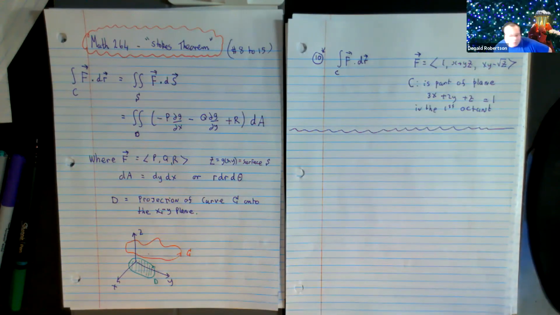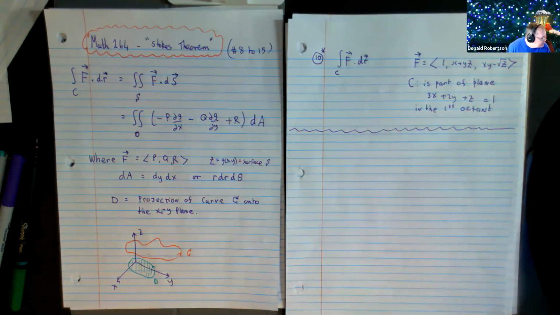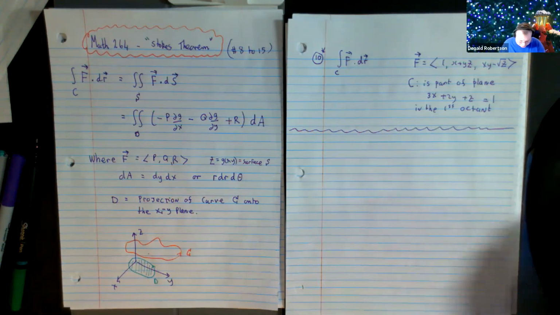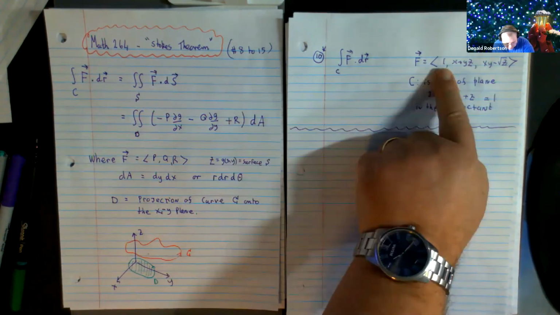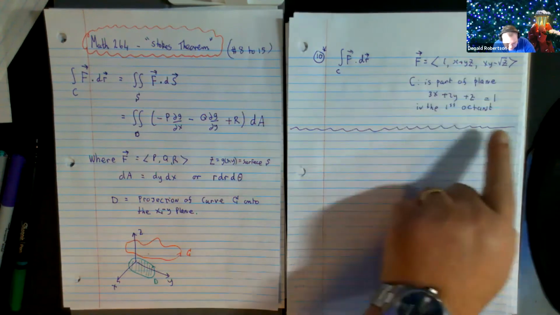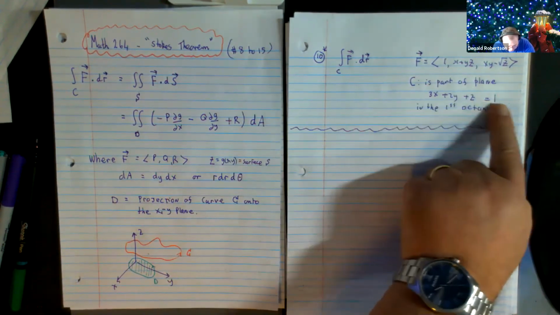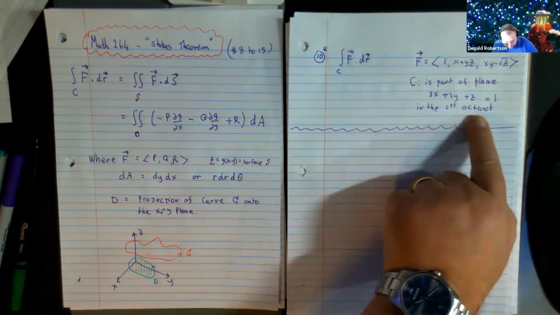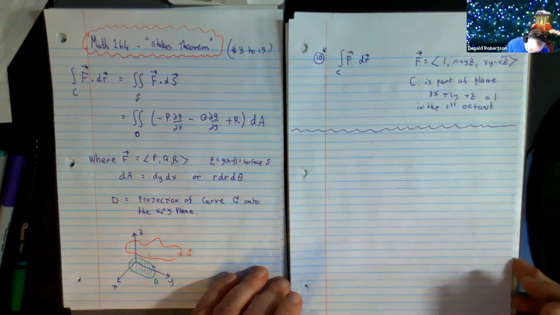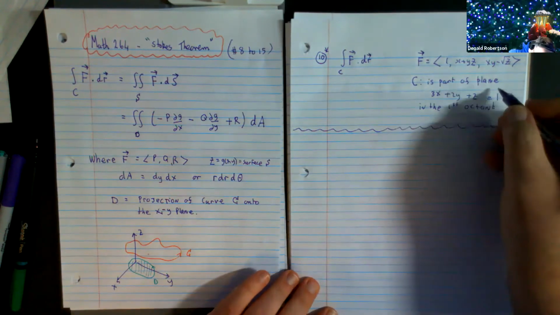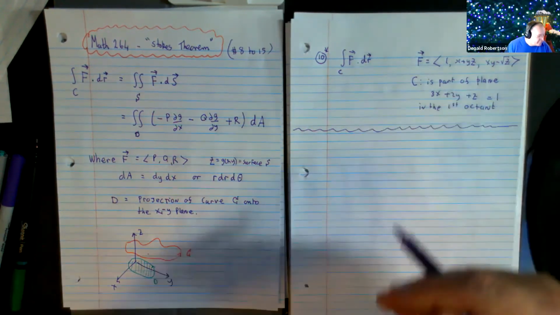So what we got here is, find a line integral. This is going to be your vector function. And C is the part of the plane, that's this part of the plane, that is in the first octant. Now, the good news is they've already told me the equation of the plane, right?